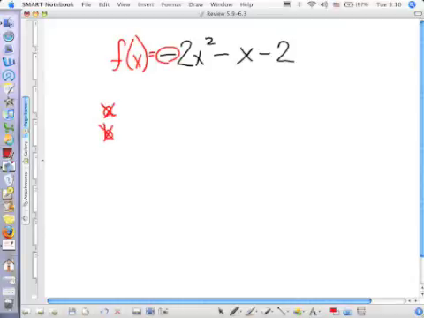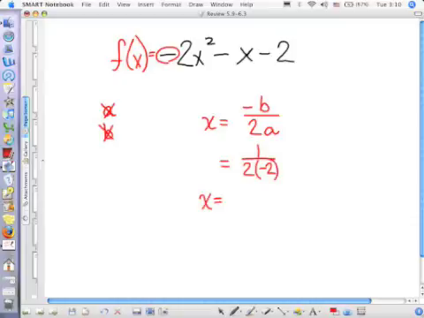So the way I'm going to figure out which one it is, I'm going to find the axis of symmetry using x equals -b over 2a. b is -1, so -b is 1. 2 times a, which is -2, gives me an axis of symmetry of x equals -1/4.